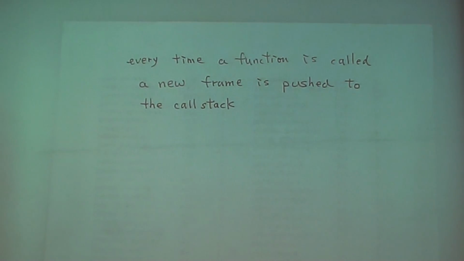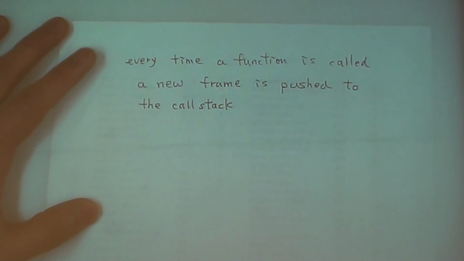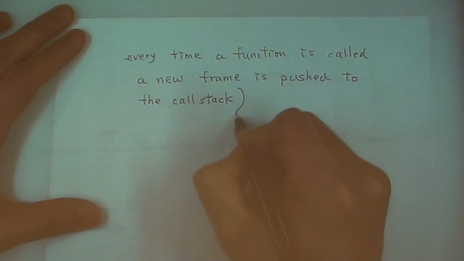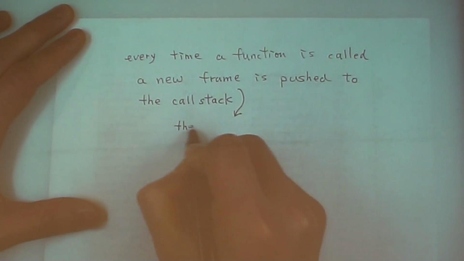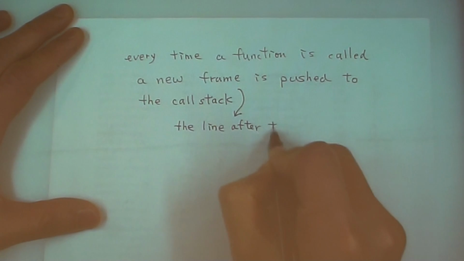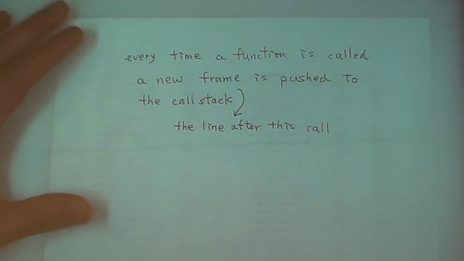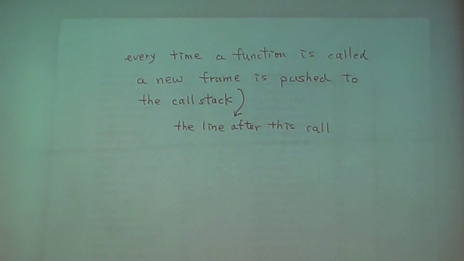What information does the frame have? The next statement after the call. The frame includes the line after this function call, or the next statement, which basically determines what the program should do after the function finishes.